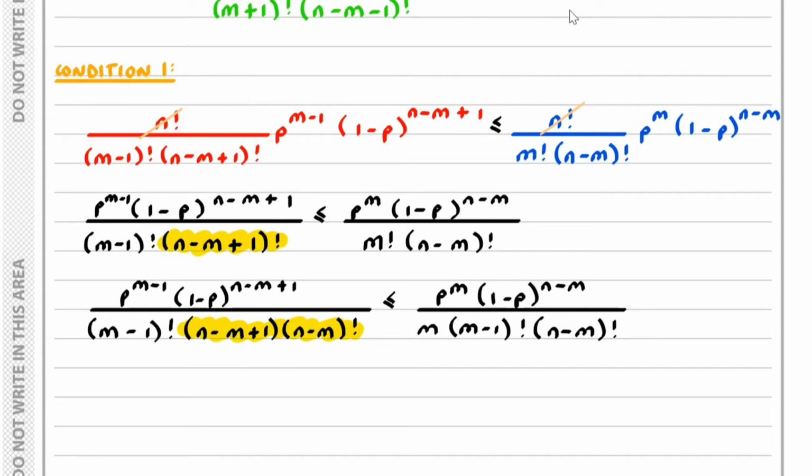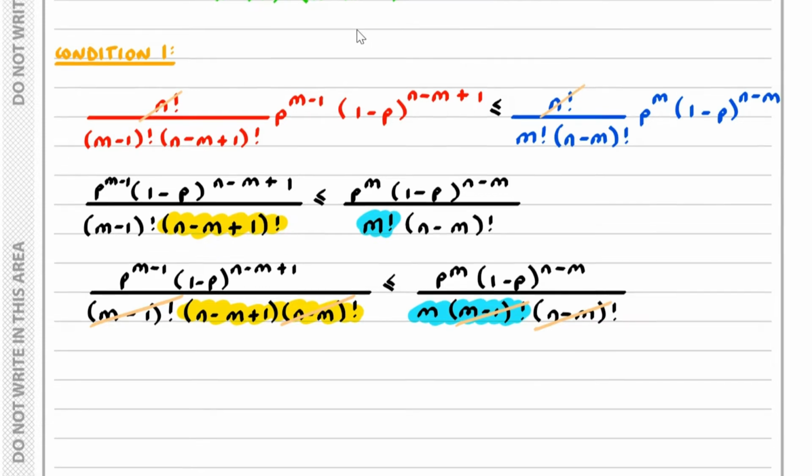Now, let's just clarify what we said here. m factorial is the same as m times m minus 1 factorial. And what you will notice is the m minus 1 factorial cancels with this m minus 1 factorial, and the n minus m factorial cancels with this n minus m factorial.